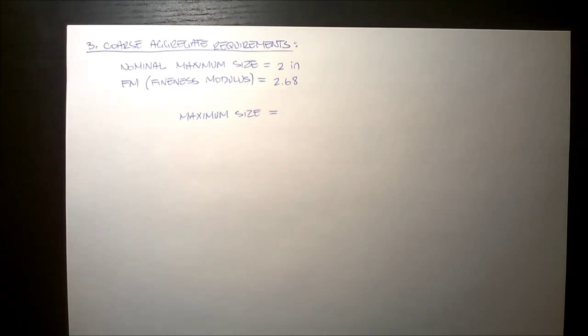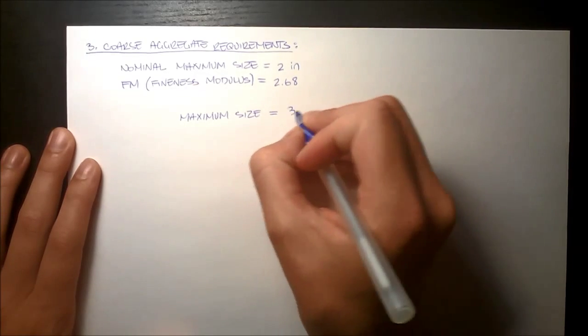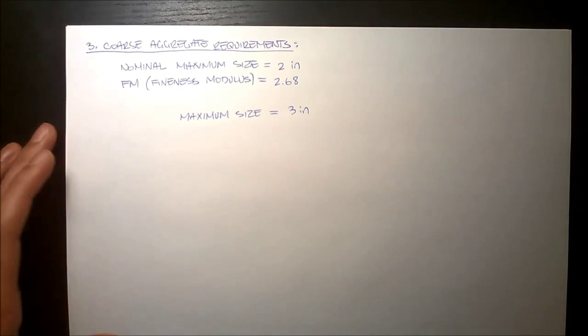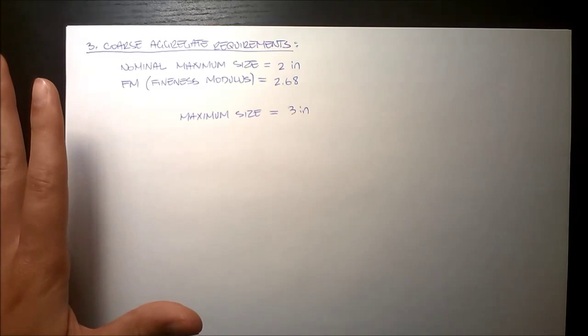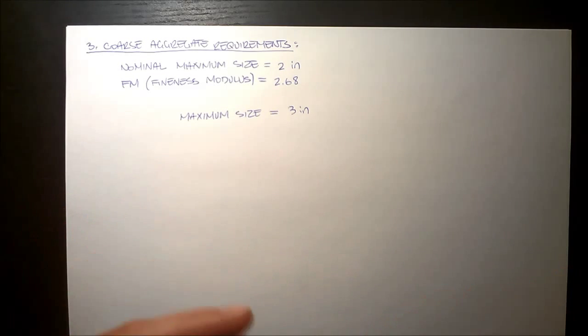All right, so once we've found our water-cement ratio, we're going to look at the coarse aggregate requirements. We're given that the nominal maximum size is 2 inches in the problem statement, which means that the maximum size is the sieve size above that, which is 3 inches. Now we need to check if this is okay for the dimensions of what's being built.